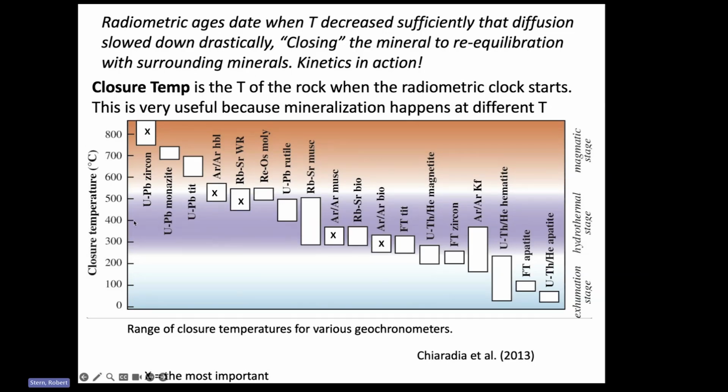We would say, what we need to do is understand when that formed was argon-argon dating of muscovite or biotite, not uranium-lead dating of zircon, because it wasn't reset during this event, right? So understanding these closure temperatures is critical for interpreting radiometric ages. Any questions on that point? All right.